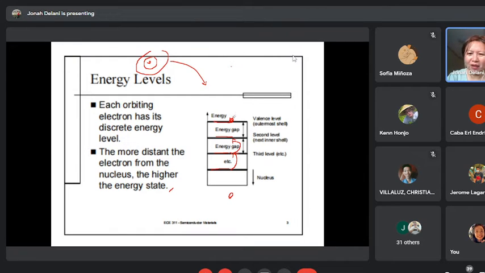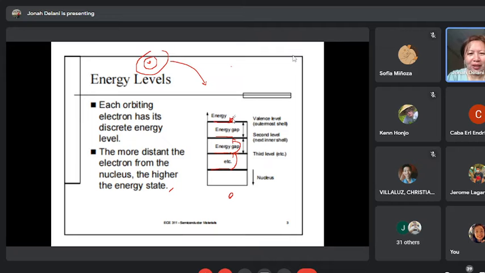The tendency of this valence electron is that if we add energy to our material, the valence electron tends to escape from its atom, since it already has high energy. Can we energize it? An example of energizing it is by adding heat. Another way is by adding a voltage, a potential, on the material.